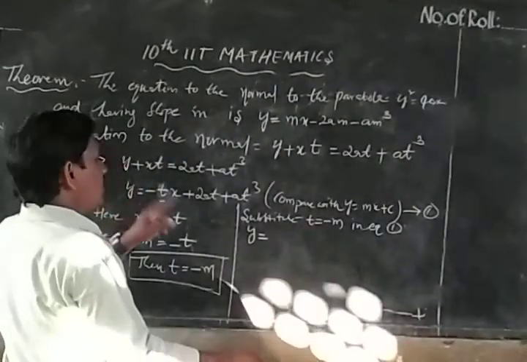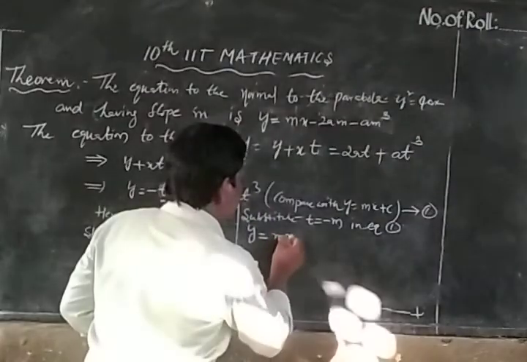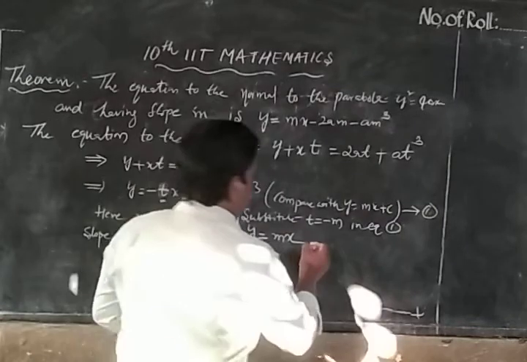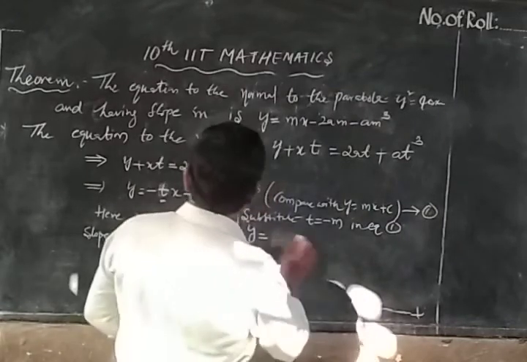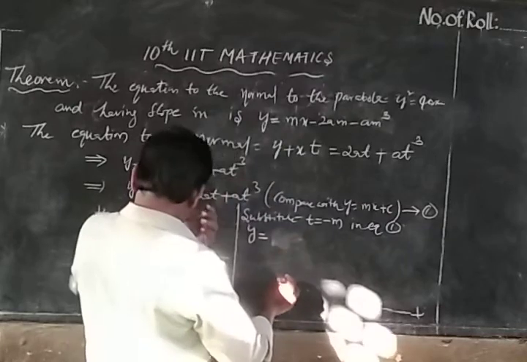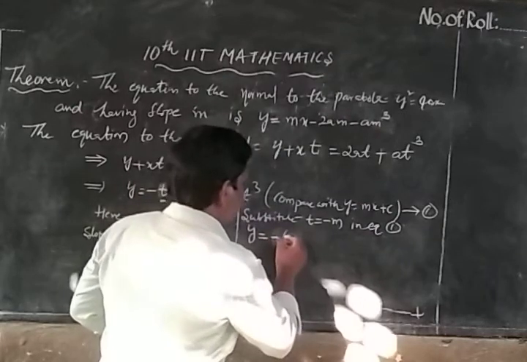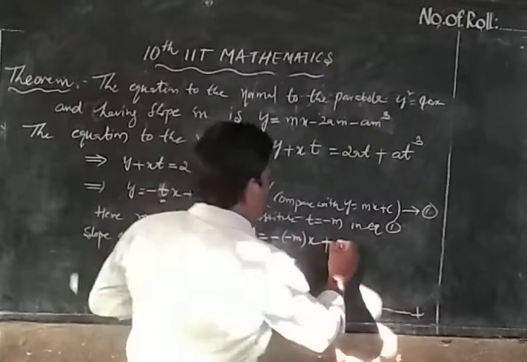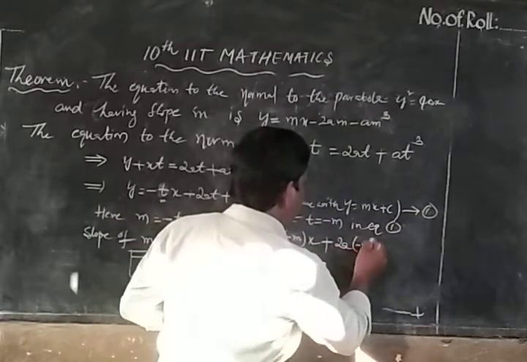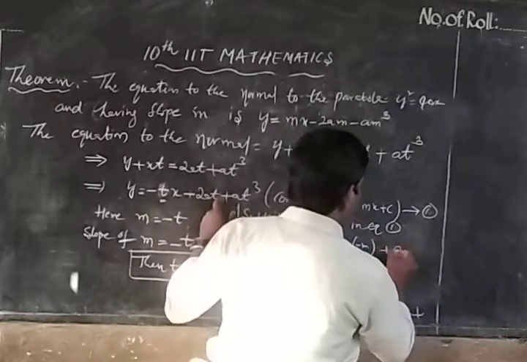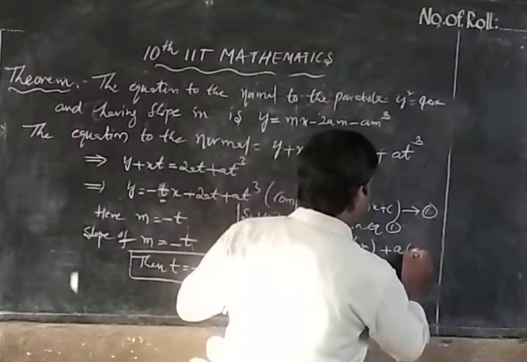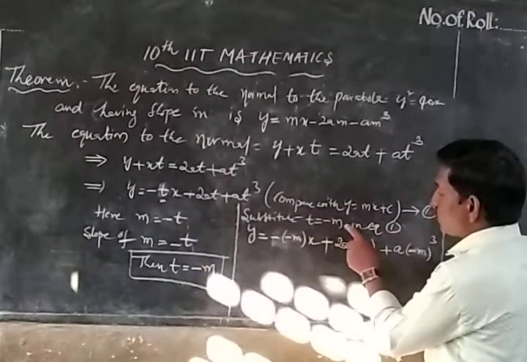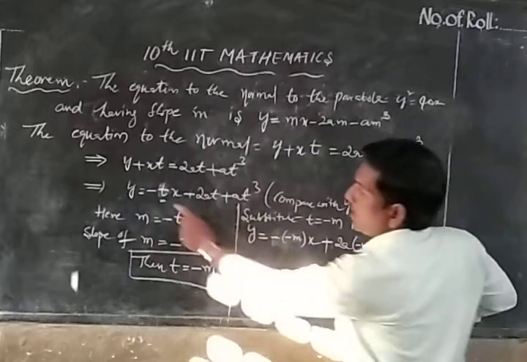Minus into minus mx, plus 2a into minus m, plus a into minus m whole cube. Substitute t = -m in equation 1.